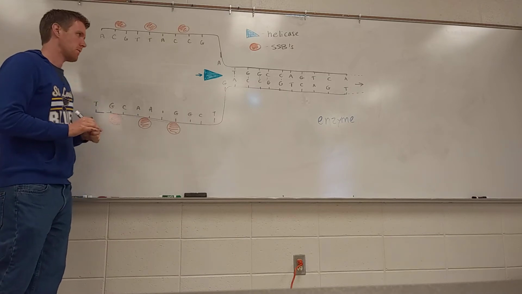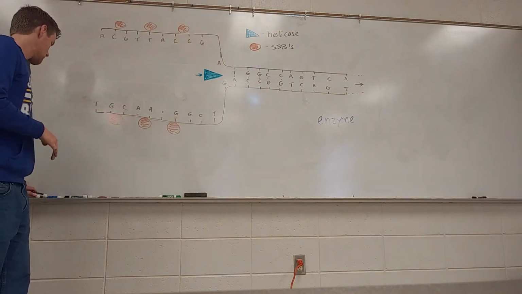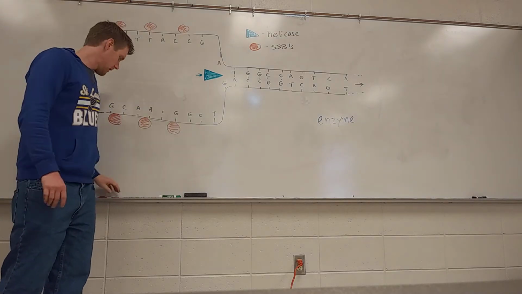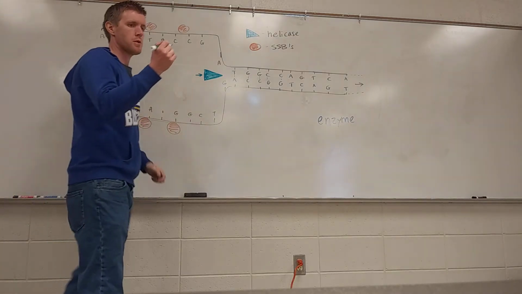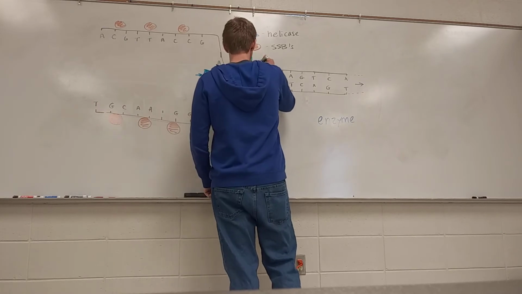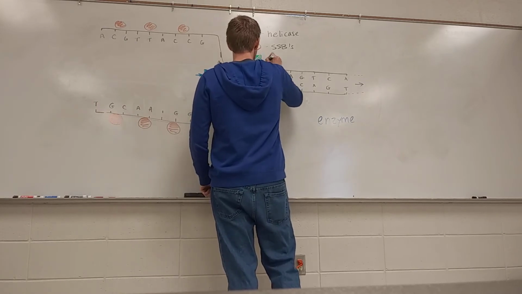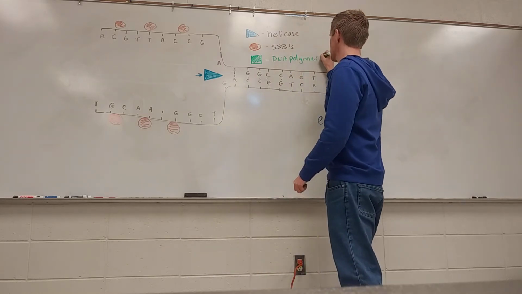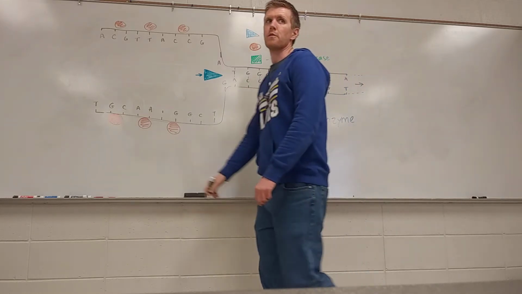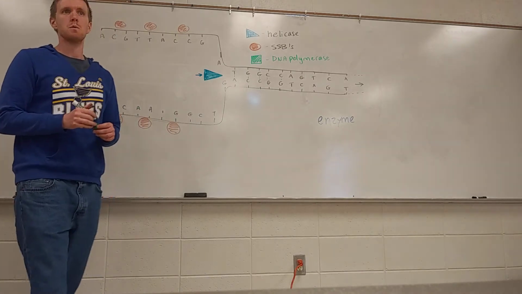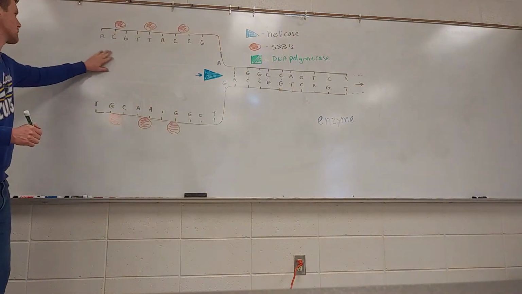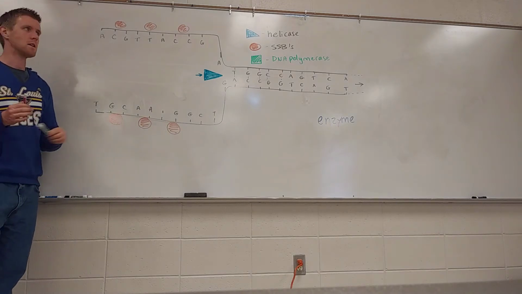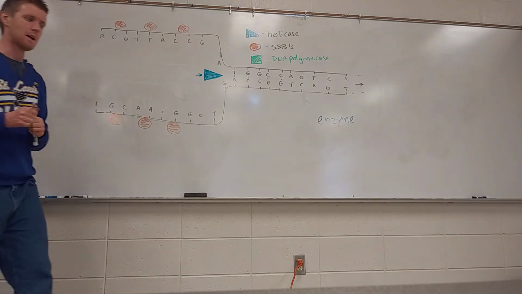That's what we need. Now we need to start synthesizing the new complementary strand. However, the primary workhorse in this, which is going to be DNA polymerase, can't start from nothing. It needs a springboard. And right now there's no springboard. So we need an enzyme that can start from nothing to get this thing going.